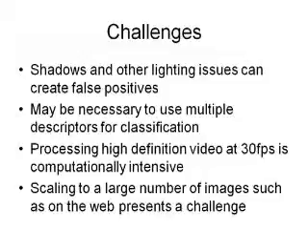Some of the challenges that we had were things like shadows, and also different times of the day you have lighting problems that lead to false positives. One of the solutions is to look at the value of multiple descriptors. If you just look at a single descriptor, you may or may not catch the event.